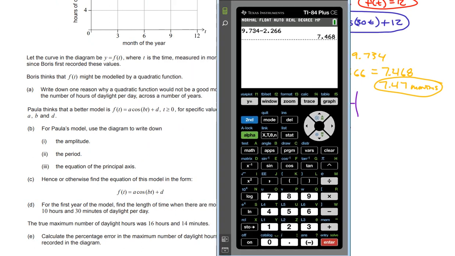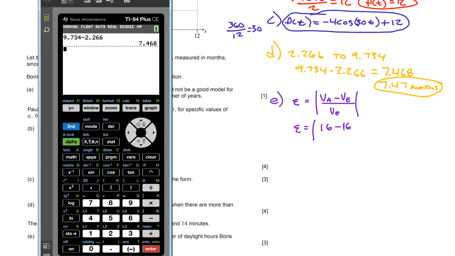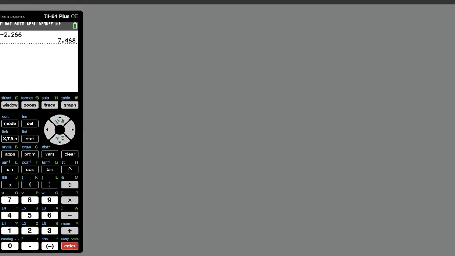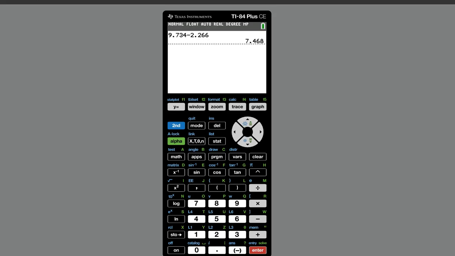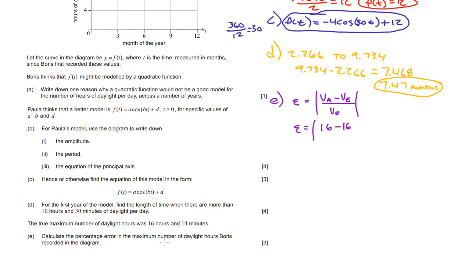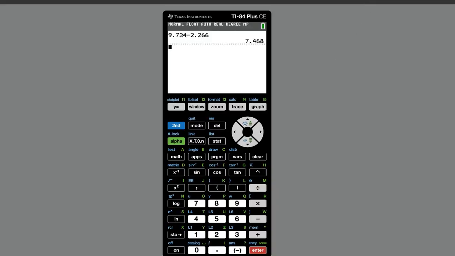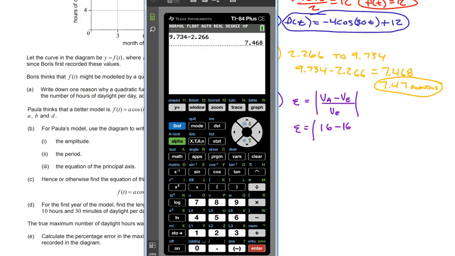Oh, sorry, 16 hours and 14 minutes. Sorry, moving that all over the place, making a mess of this. Let's try that one more time. There we go. So VA is really going to be 16. And, you know what, let's put this all in a fraction.